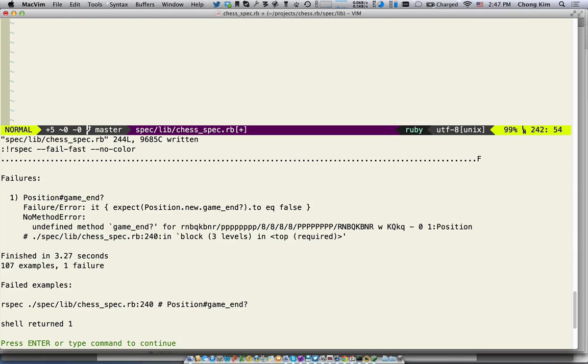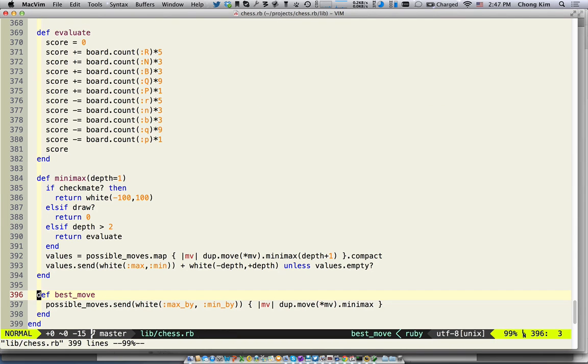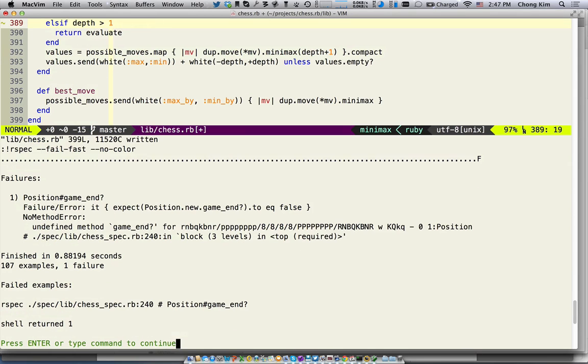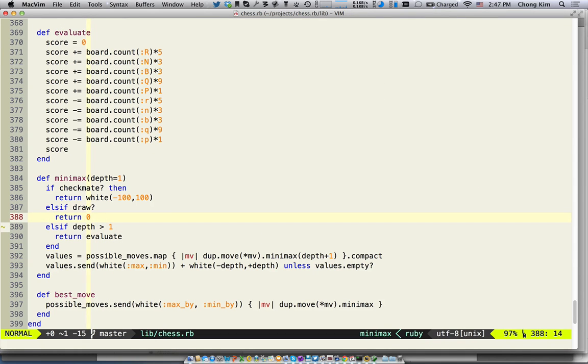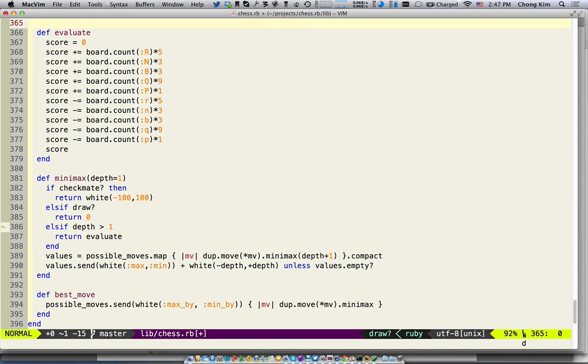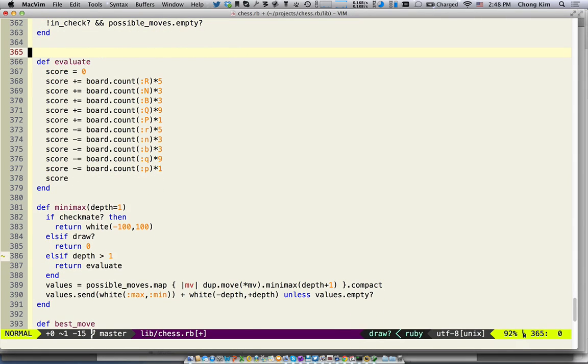Undefined method game end. Just to speed things up a little bit, I'm going to modify the chess so that the depth is greater than 1. This is just for the test, and then I'm going to bring it back. In draw, there's an extra check here for checkmate. I don't think this is necessary, so just delete this.